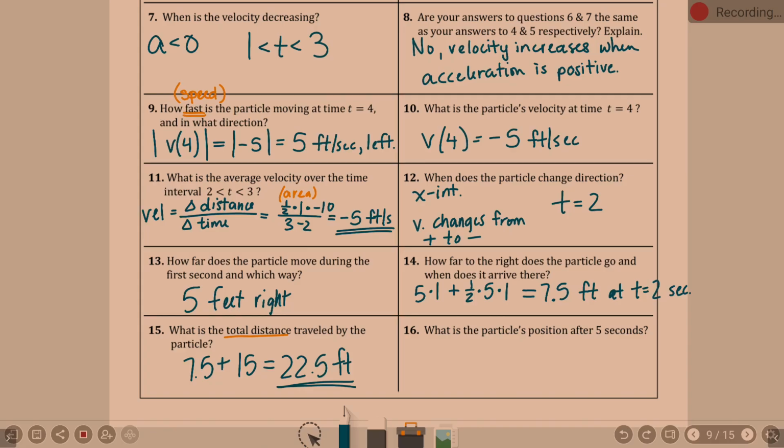Okay, so 16, what's the particle's position after 5 seconds? 7.5 feet to the left. Okay, and would you call this displacement then? Mm-hmm. So this is what we would refer to as displacement because they just want to know how far you were from your beginning point. Or the change in distance, I guess. It'd usually be delta x in physics or delta s in this.